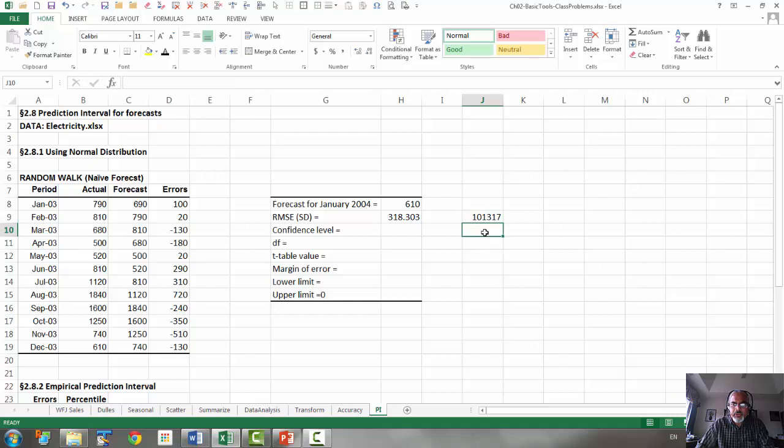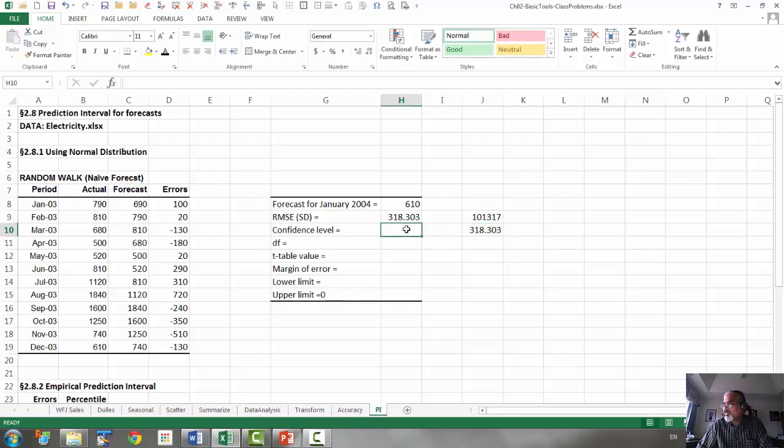And of course this is the squared value, so you have to take the square root of that, and that's the same as that. So you can use this method also.